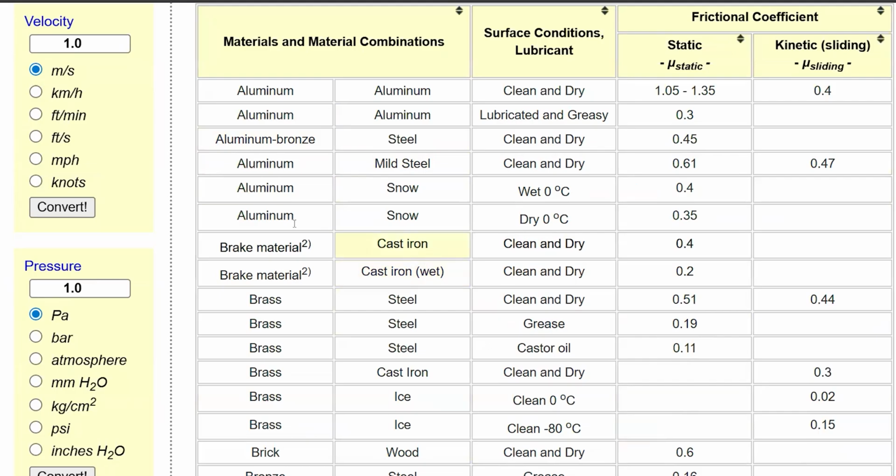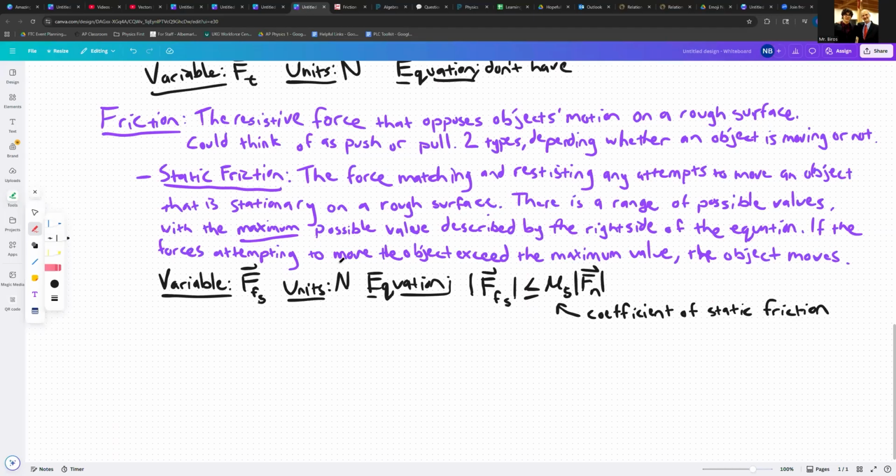So depending on the combination of the two surfaces we're looking at, we get different coefficients of friction. Again, it's basically just saying how much or how little friction there is, relatively speaking, on this surface. Ice, you're going to get low coefficients of friction, a small amount of friction. Rubber and asphalt, large coefficients, lots of friction. Okay, so that's your coefficient of friction.